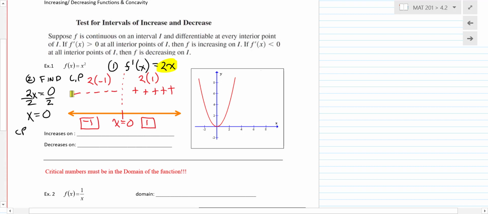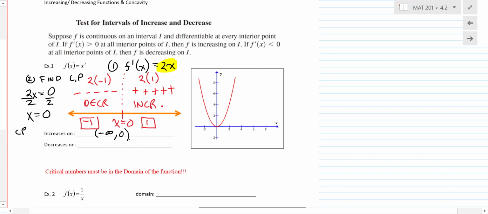So what does this mean right here? If the derivative is negative, what does that tell you about the graph? That it decreases. Good. So we know we're going to decrease there. And then if the derivative is positive, what does that tell you? That we're increasing. Okay, that's what that sign chart does for you. So that means that we can write our conclusion. So this graph has got to decrease from -infinity to 0.